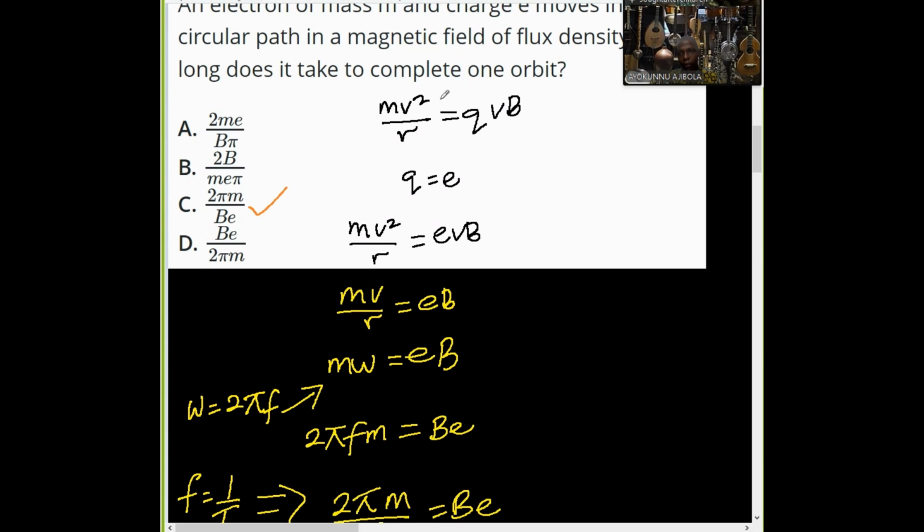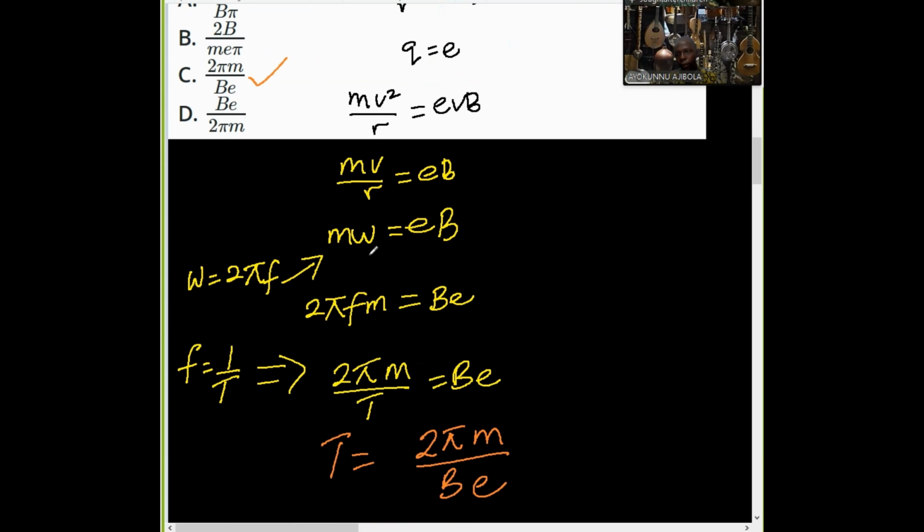We have the circular motion to be mv squared over r, which is qvB, and the q is e. So mv squared over r equals evB. Then we divide both sides by v, and we have mv over r equals eB.